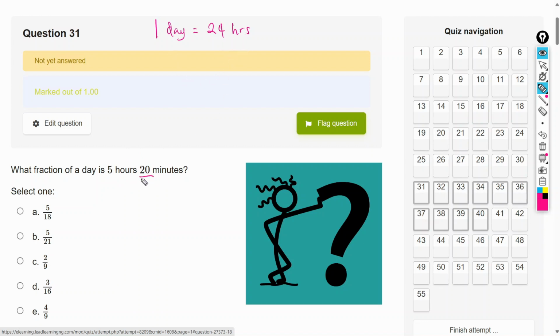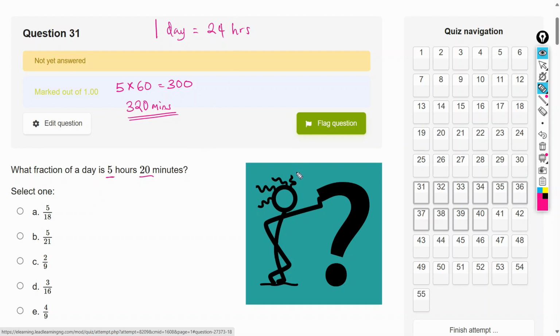Since both of them are in different units, you might want to change both of them to the same unit. So 5 hours is 5 times 60. 5 times 6 is 30, and then 0, so 300. So 300 plus 20 will be 320 minutes. So this is 5 hours, 20 minutes.